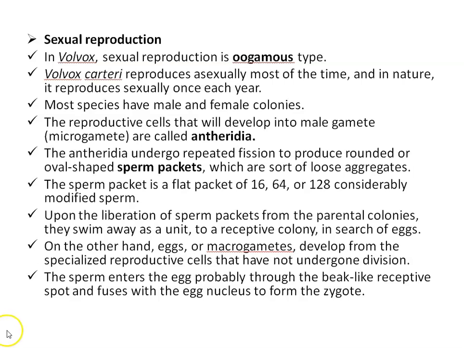Then the parent colony decays and the oospores fall to the bottom of the pool where they survive the winter. Upon the restoration of favorable circumstances, the oospore germinates and each meiospore either develops to form a new colony or develops as a biflagellate cell that later divides into a small colony.